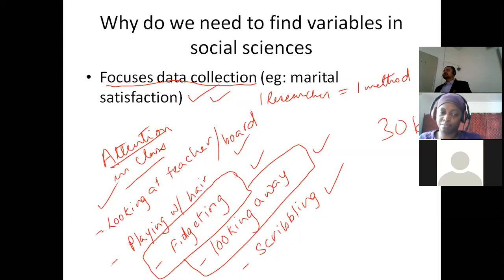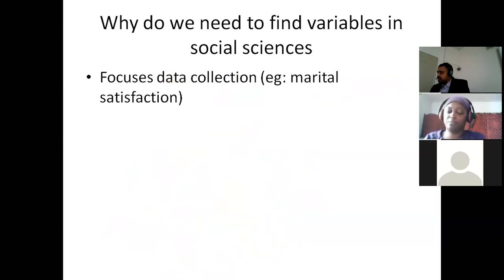So it really focuses that data collection. They're looking for very specific things. So that's why it's necessary, even though the variables may change from one researcher to another in the social sciences, you should still be collecting data. You should still be having variables.